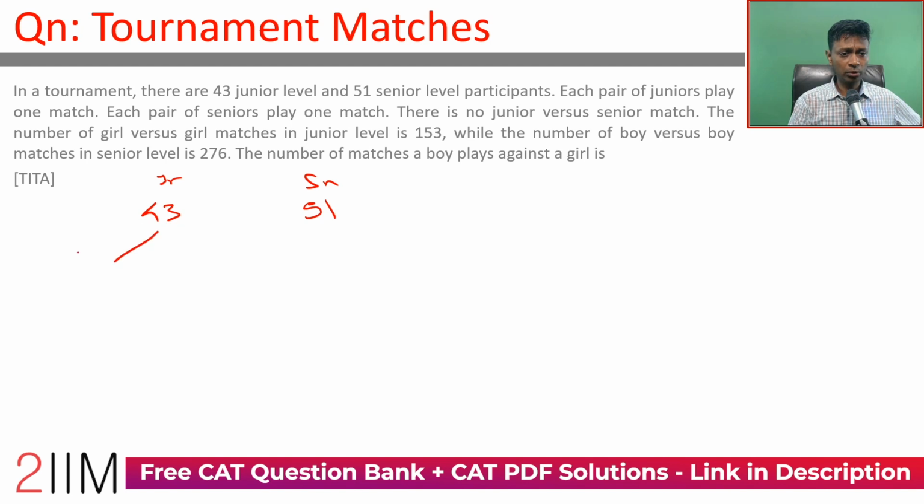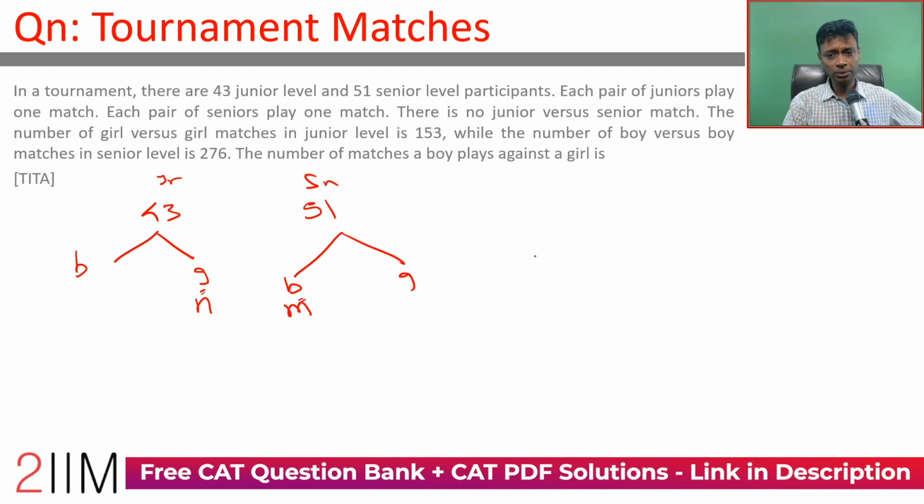So there are probably boys and girls, and then here boys and girls. The number of boy versus boy matches in senior level is 276. Wonderful. Let's say n girls here, m boys here.